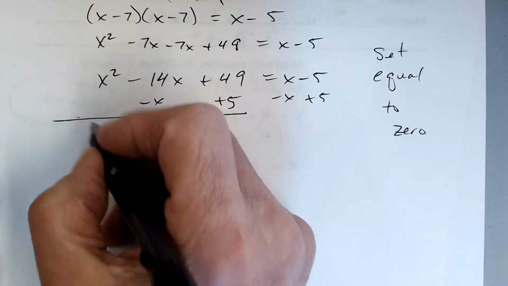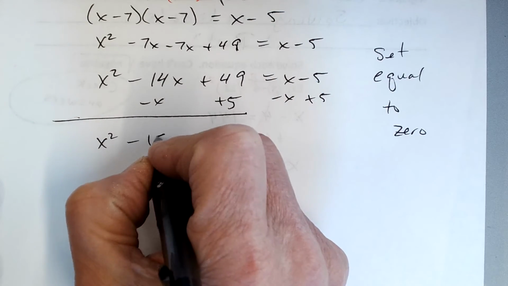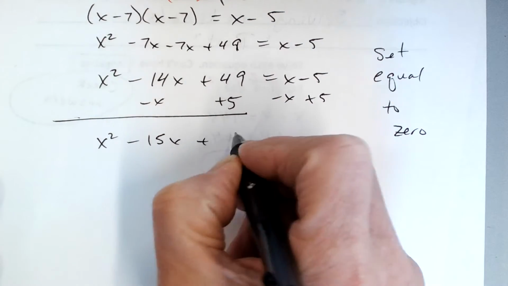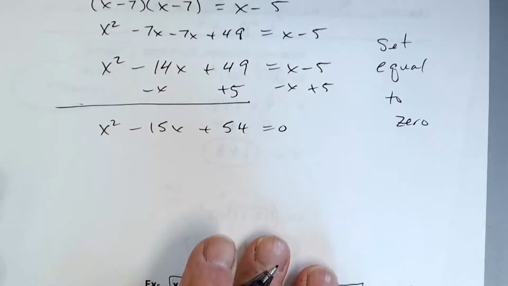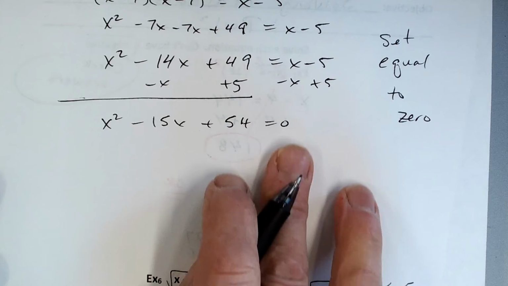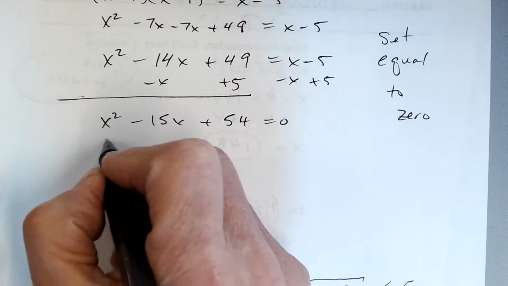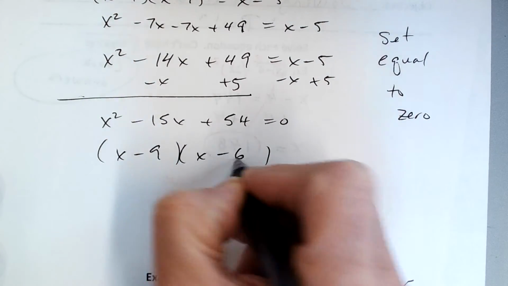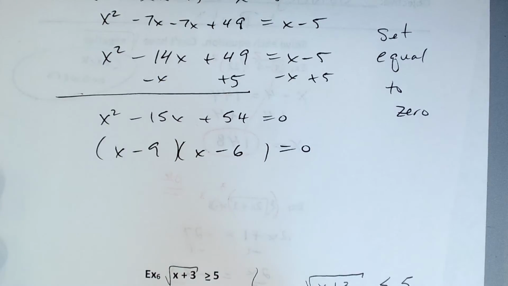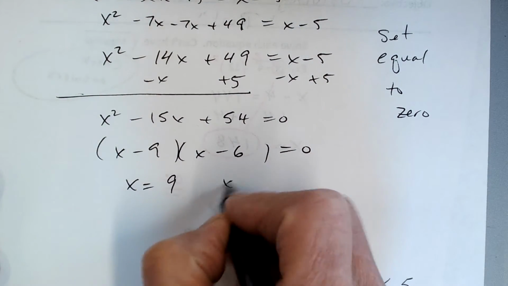And I'll have an x squared minus 15x plus 54. And of course, Tony, you know exactly what the multiples are. What times what makes 54? 9 and 6. You are a genius. Perfectly said. x minus 9, x minus 6, right? And I get an answer of x equals 9 and x equals 6.